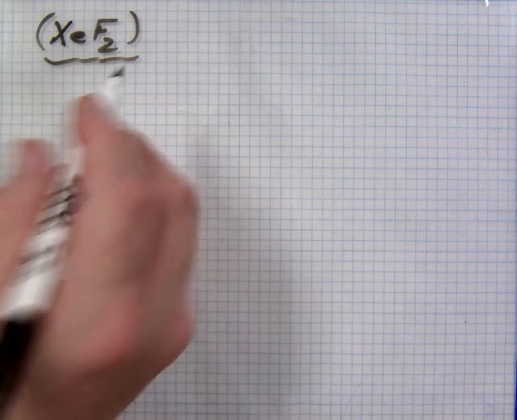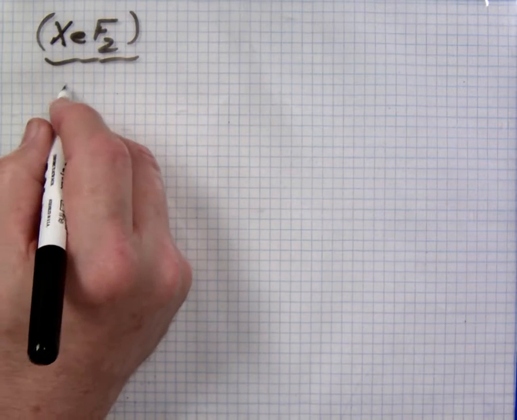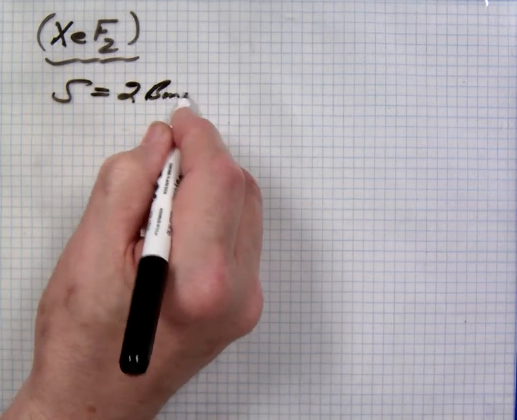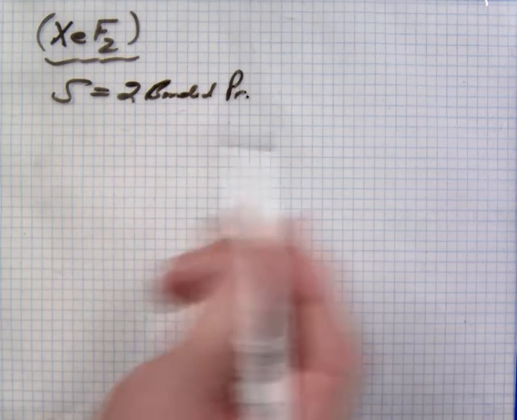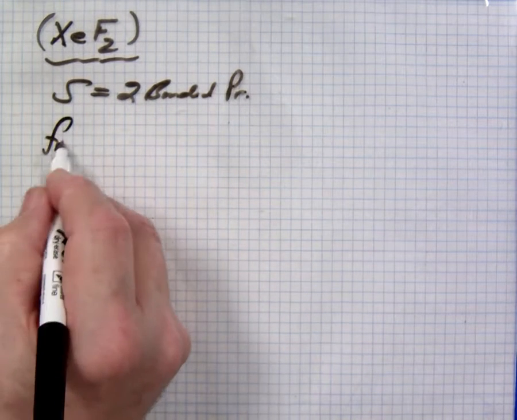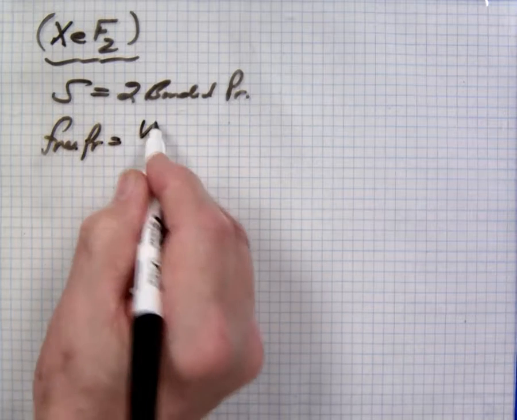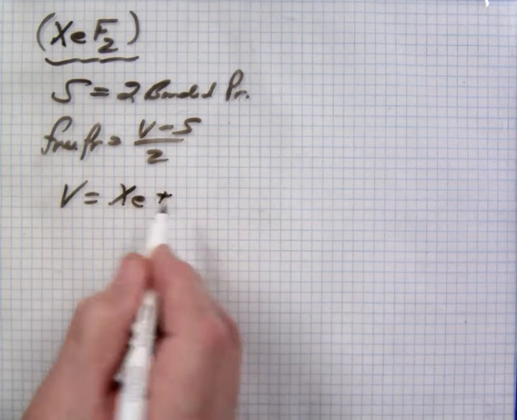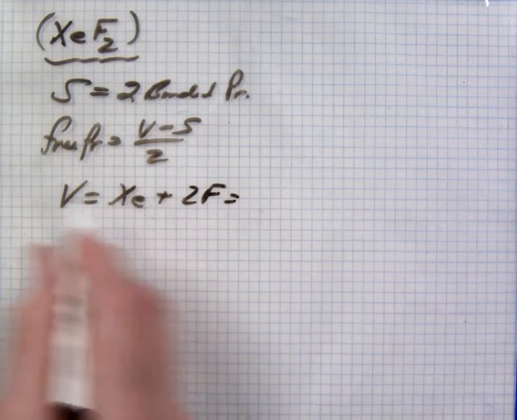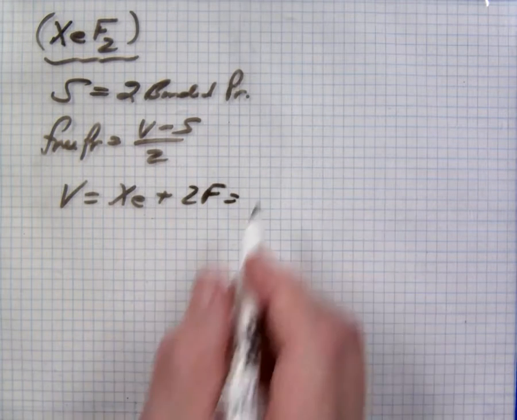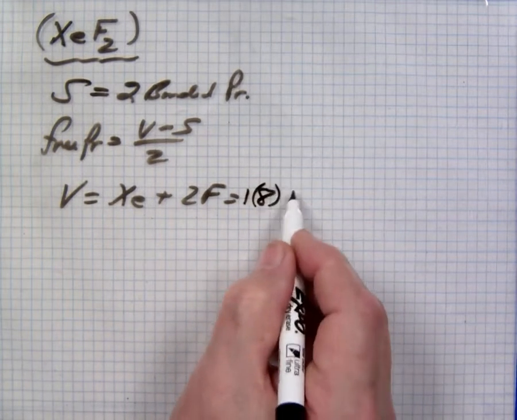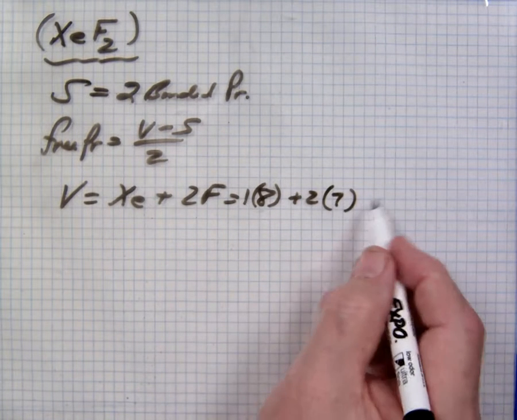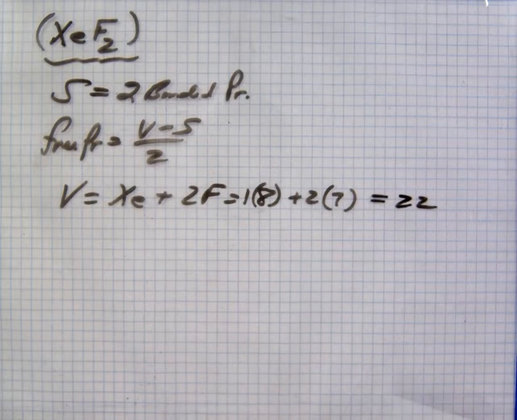So we know it's got substrates or two bonded pairs. Okay, and your free pair is valence minus substrate over 2. So the valence is xenon plus 2 fluorides. Well, xenon's number 8, so that's 8 valence electrons. So 1 times 8 plus 2 times 7 for group 7, it's like 22.